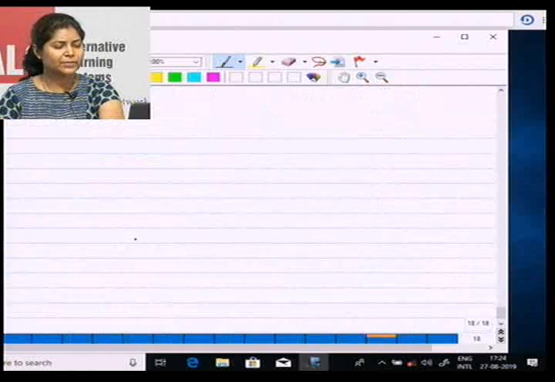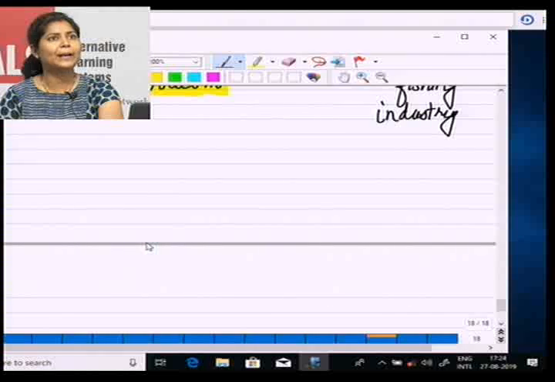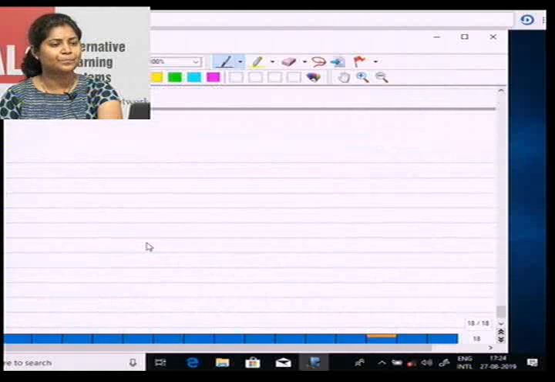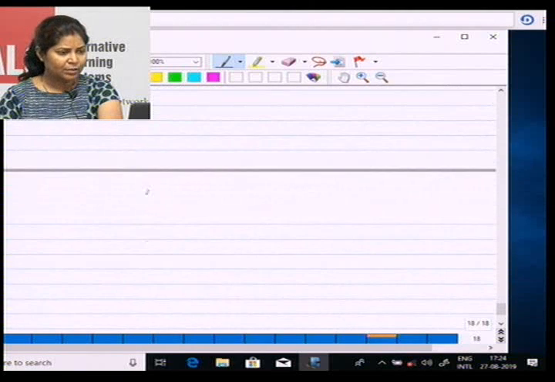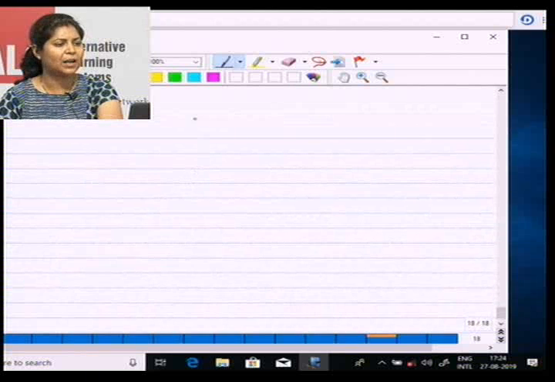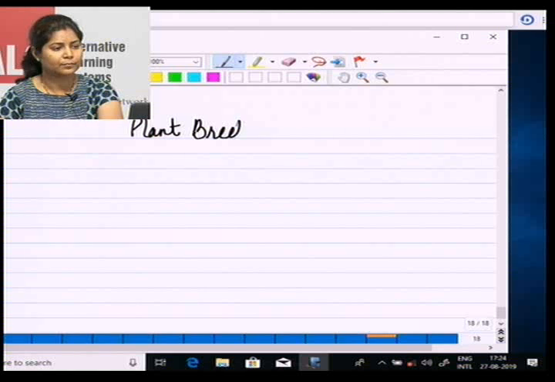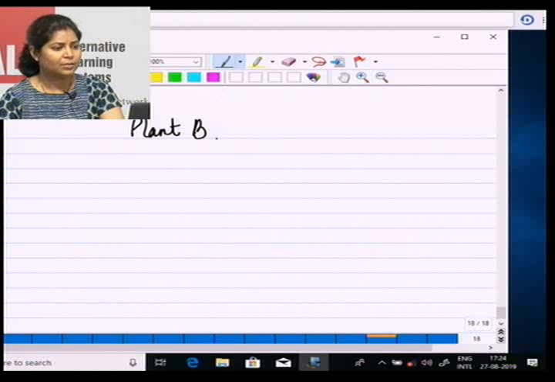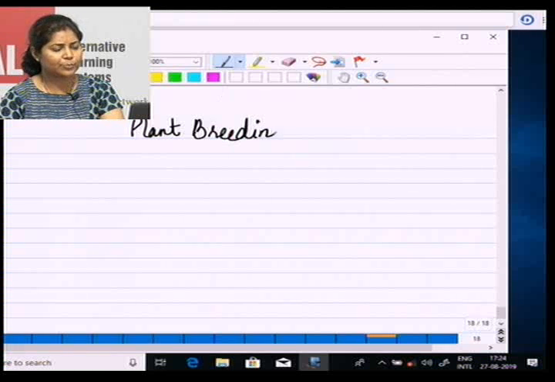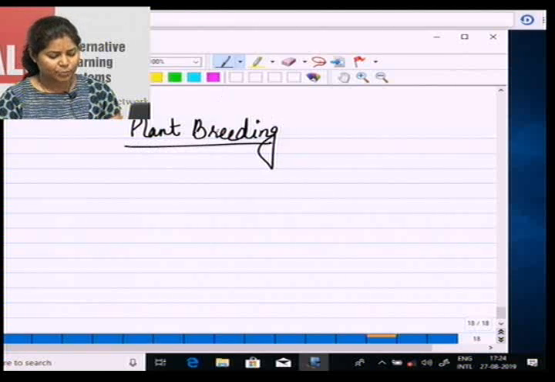So blue revolution is for increasing the productivity of aquaculture and pisciculture as a whole. Now, talking about the next thing, we'll start a new topic, that is plant breeding. All about animal breeding has been done. Now we are doing plant breeding. So what is plant breeding?